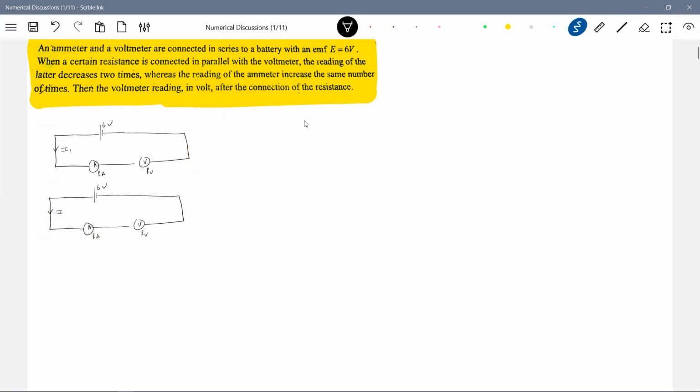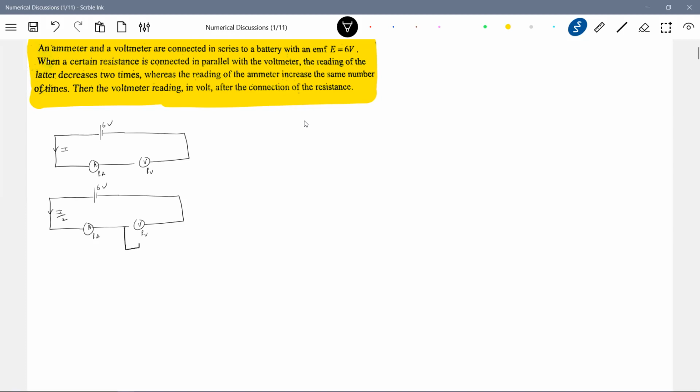The reading of the latter decreases 2 times. Two times means what shall I write? I dash will become I by 2. The reading of the latter decreases by 2 times, so if this is I, this will be I by 2.